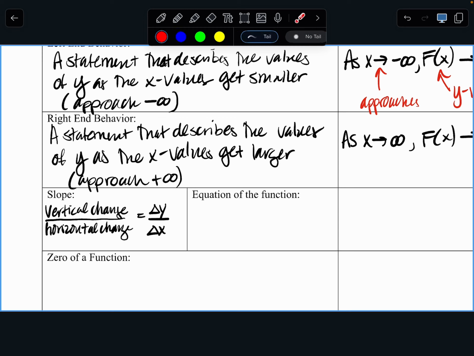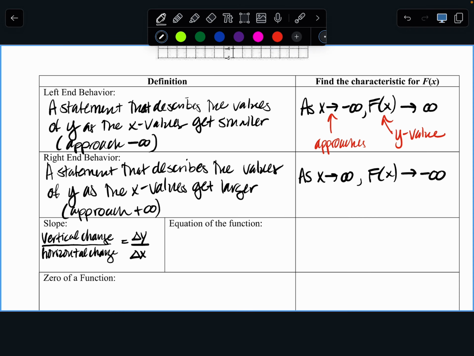That delta symbol, this little triangle, is delta. It means change, okay? Equation of the function. If we had this equation here, it would be a function, we're calling it f of x. It's a linear function, so we would say ax plus b. A is going to be our slope, and b is going to be our y-intercept. So this is the definition.